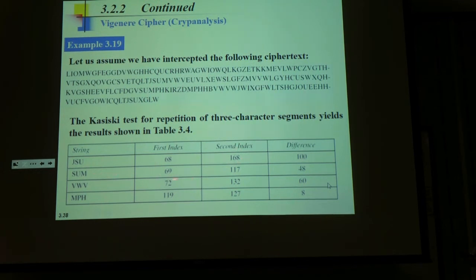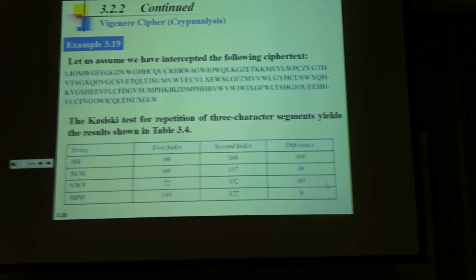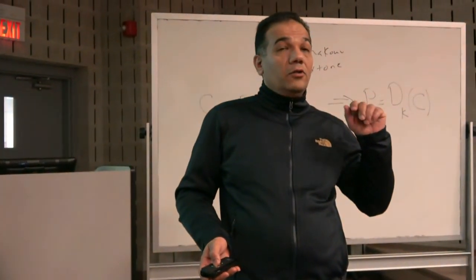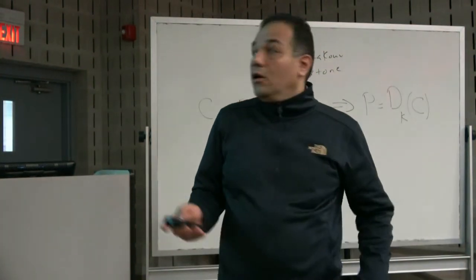This one happened first at 69, then at 117, the difference is 48. If you take the greatest common divisor of these, you might be able to know the size of the key.